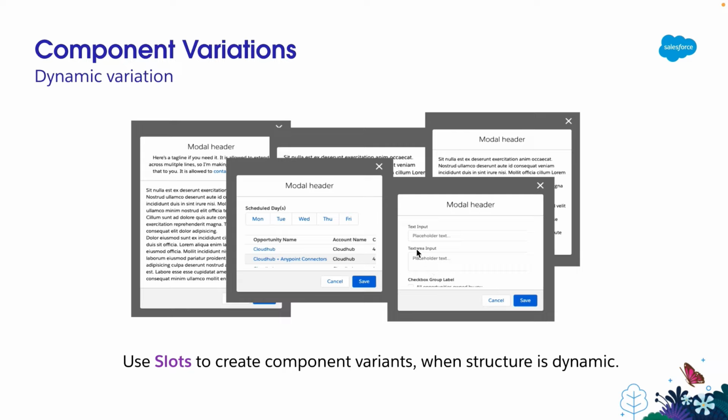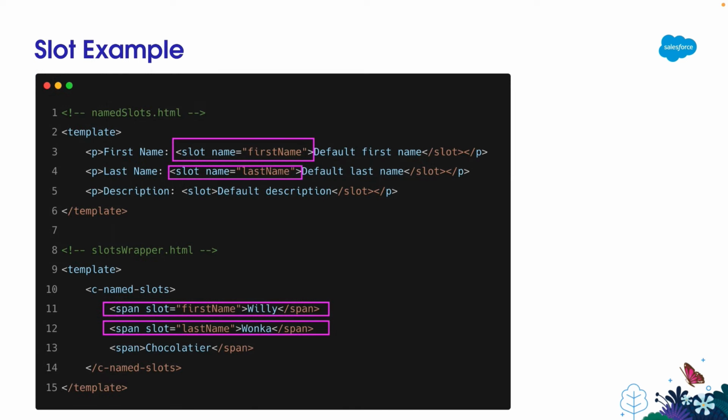So if you're trying to build a reusable component, make sure to use slots to create those variants. Here's an example of how to use slots. My component called name slot has two slots, first name and last name.